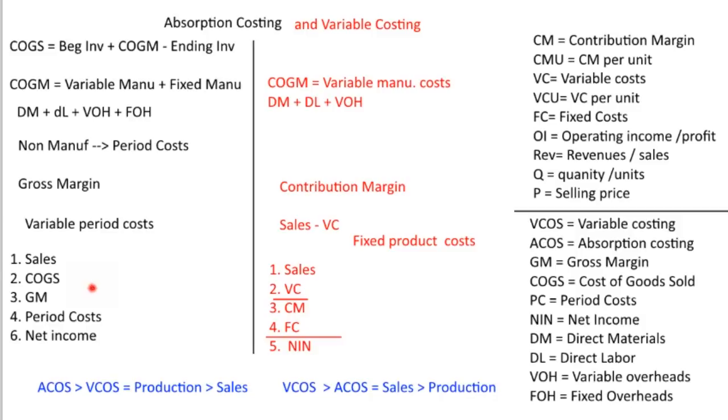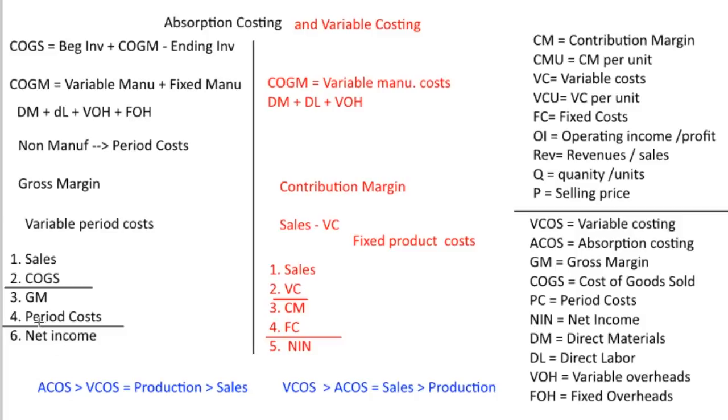So first you have your sales minus your cost of goods sold, which you have gotten from here. Then you take your gross margin, again the minusing of these two, and then you minus it from your period costs, and your period costs are your non-manufacturing costs, and these could be like depreciation or indirect materials, indirect labor, utilities, you name it. And then you get your net income.